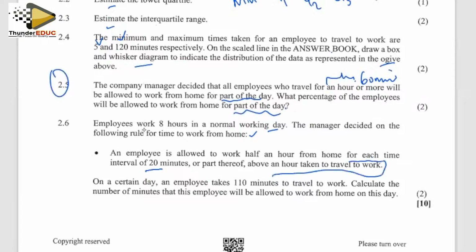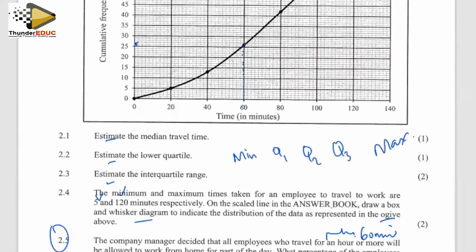So for people that are using more than 60 minutes to travel, from 60 upwards, they will be given half an hour to work from home for every interval, which means that from 60 to 80, you'll have half an hour. From 80 to 100, that's half an hour. From 100 to 120, that's also another half an hour.